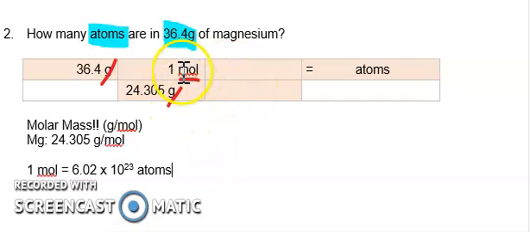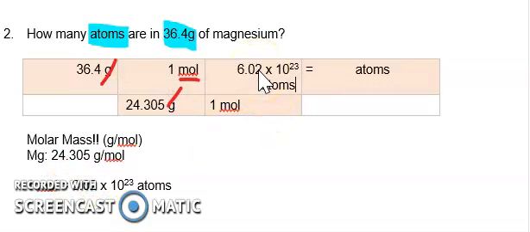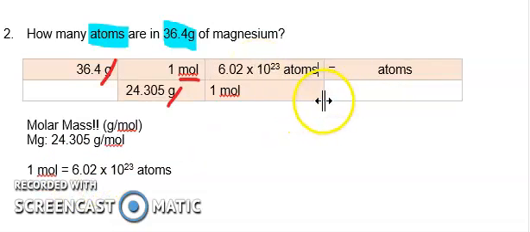So, if I have moles at the top, I need to cancel it out with moles at the bottom because my answer does not have moles in it. And I know that for every 1 mole, there are this many atoms. So now I can go and cancel out my moles.